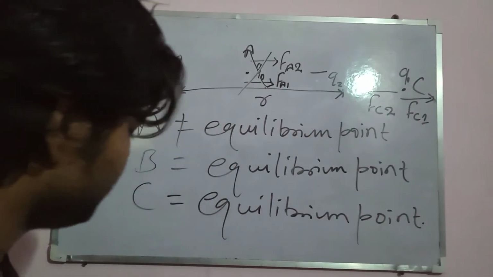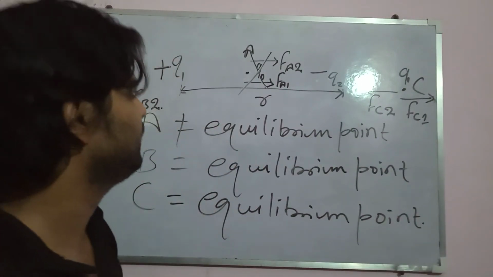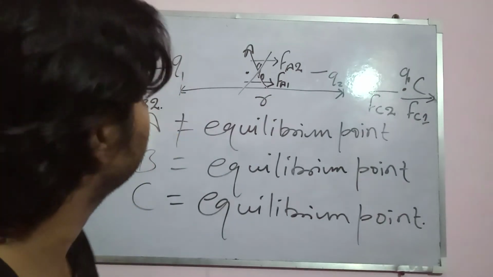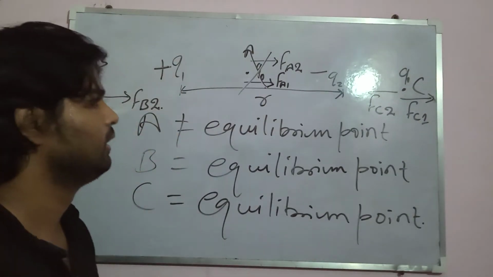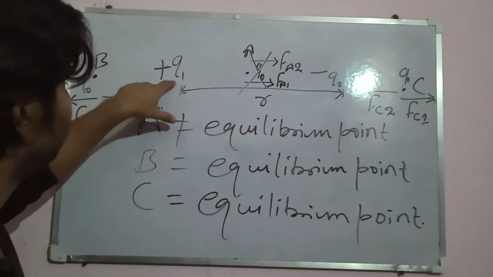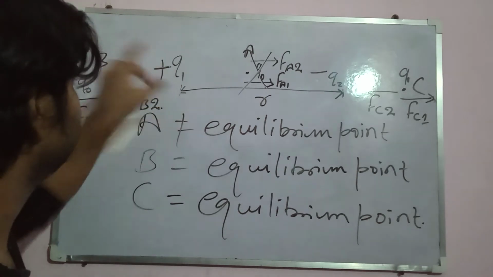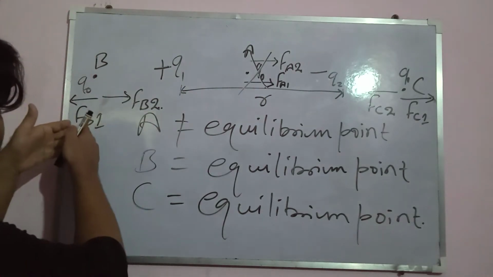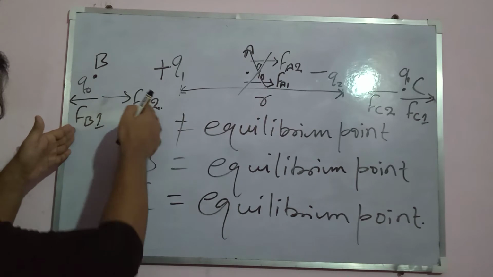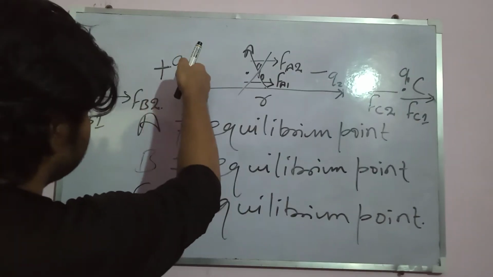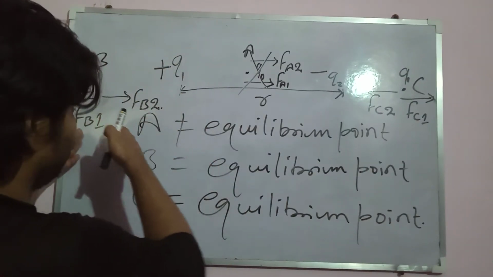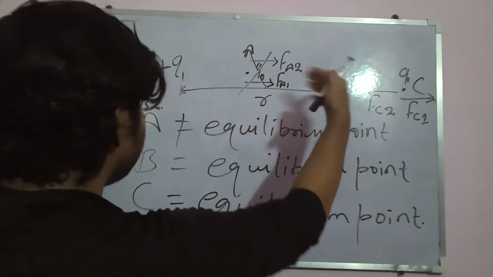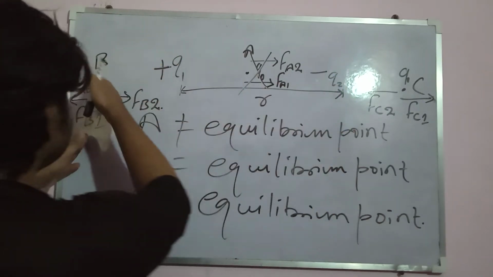Now, in which case B becomes the equilibrium point and in which case C becomes the equilibrium point, I have to decide. If the magnitude of Q1 is greater, then the force FB1 will be quite greater than FB2, because the magnitude is greater and the distance is also smaller compared to the distance of Q2 to Q0.